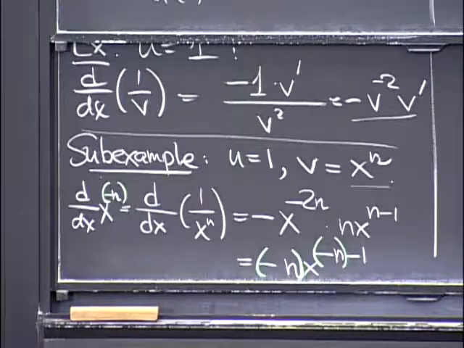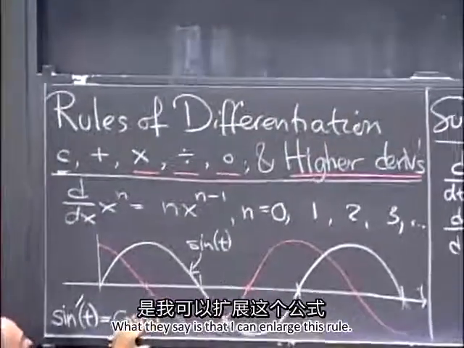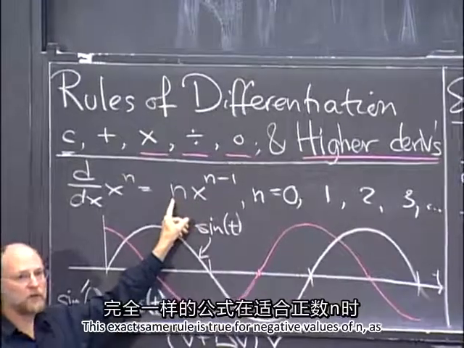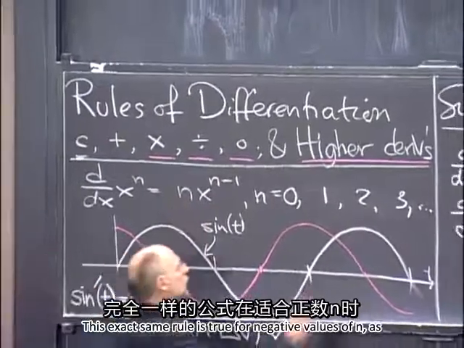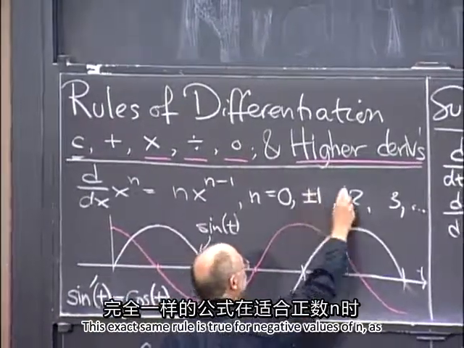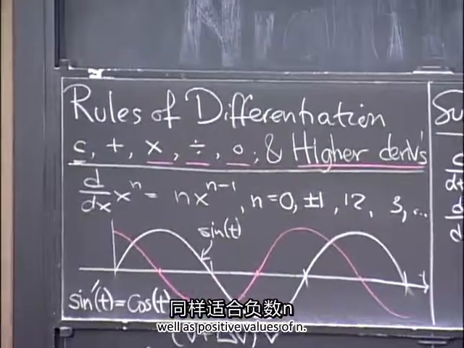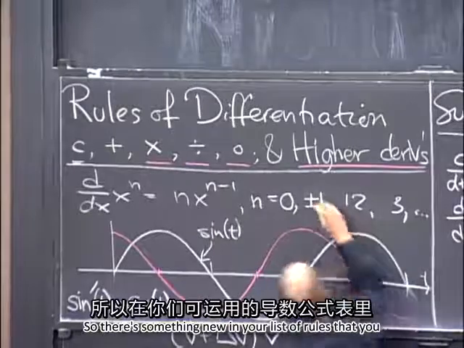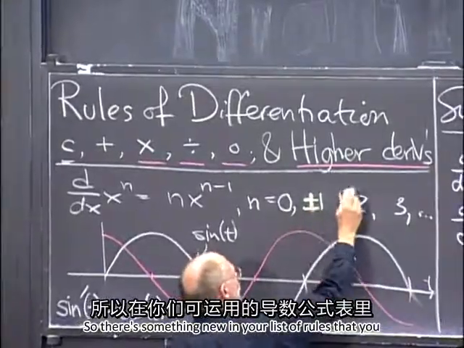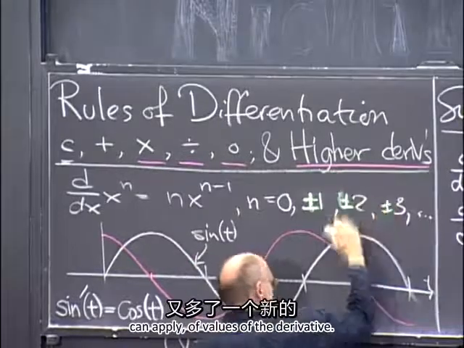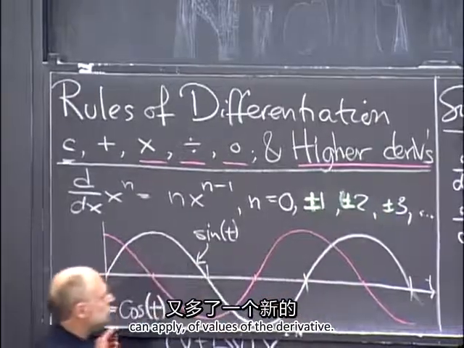So the green comments there say that I can enlarge this rule. This exact same rule is true for negative values of n as well as positive values of n. So there's something new in your list of rules that you can apply, of values of the derivative.